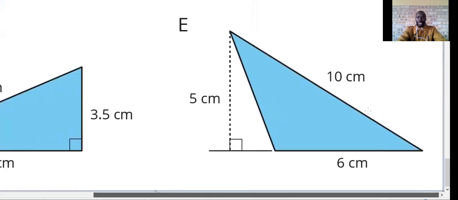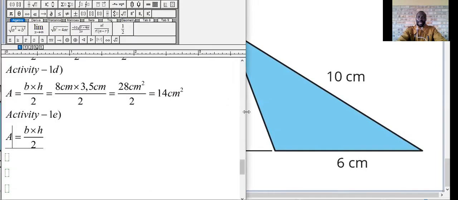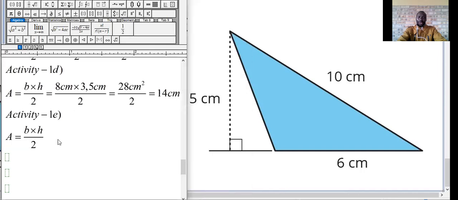When you check E carefully, the one thing you clearly notice is that the height is 5 centimeters and the base is 6 centimeters. We are not looking at this slanting length, we are looking at the length which is meeting the base at 90 degrees. So this height forms 5 centimeters and the base forms 6 centimeters. So we can now calculate the area without any problem.